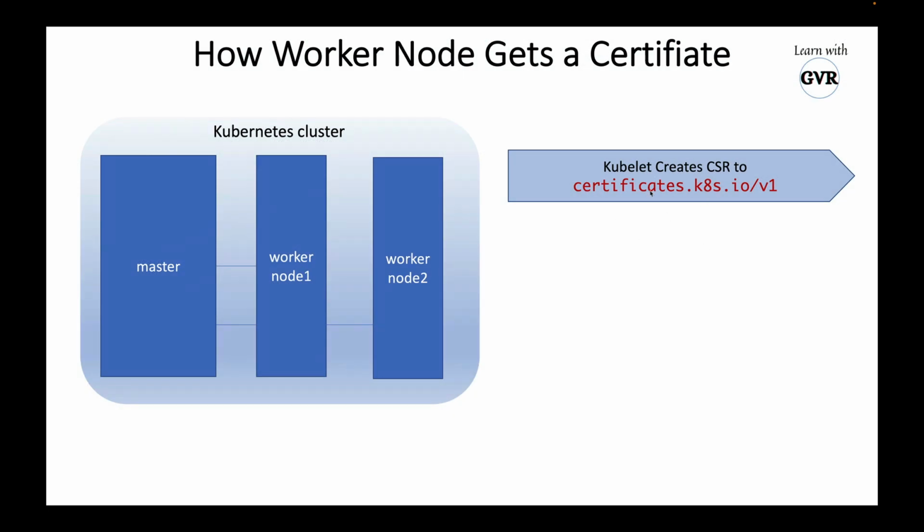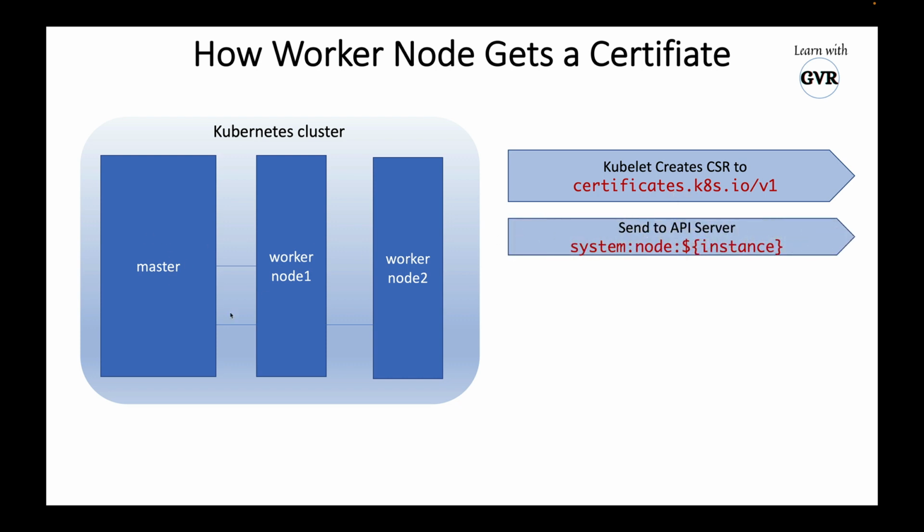So this is the first, it will create one CSR by using this API, means this Kubernetes API server exposes one API endpoint to create CSRs, because here our intention is for this worker node to join into this group, right? Like a new joiner in the organization. So Kubelet will send here by using this API.